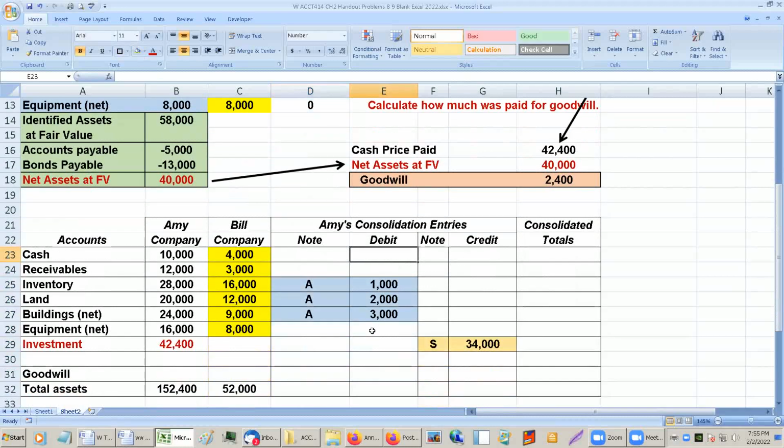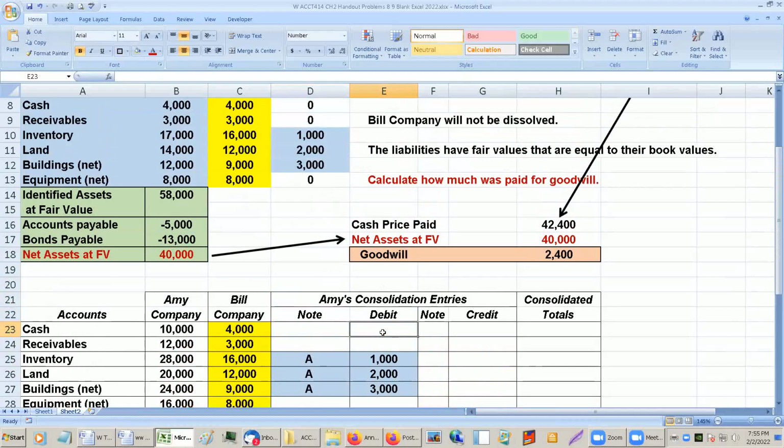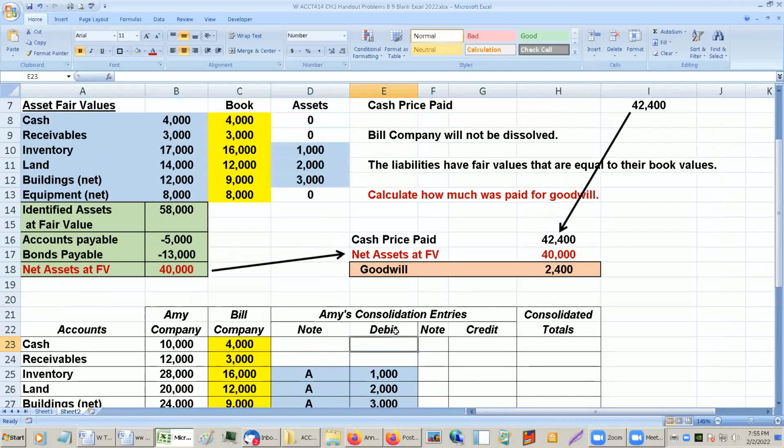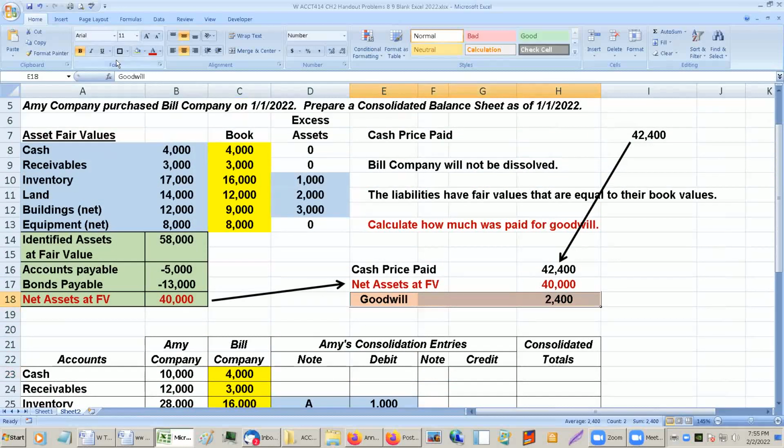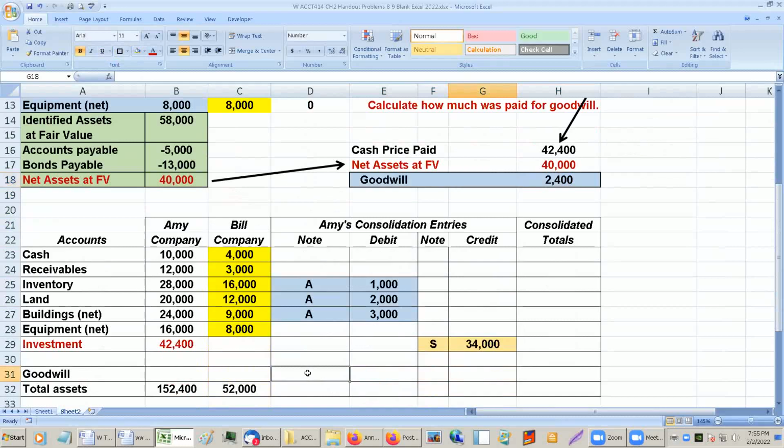Now, there's actually one more asset we need. Don't you need the Goodwill too? That is exactly what we need. This Goodwill is an additional asset. And when we do our consolidation, now this Goodwill is included in this investment account. 2,400 of this 42 is Goodwill.